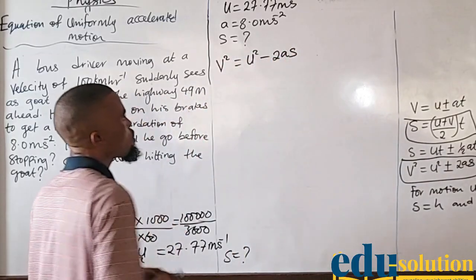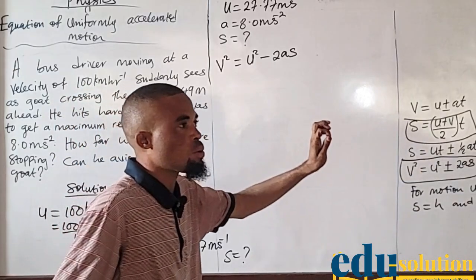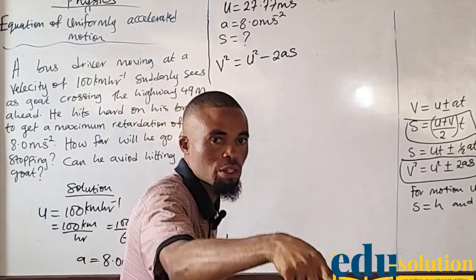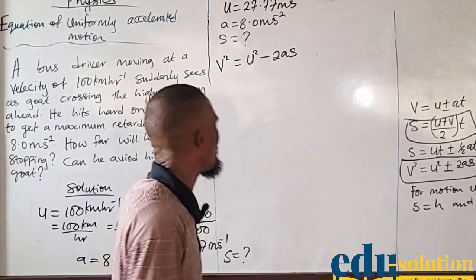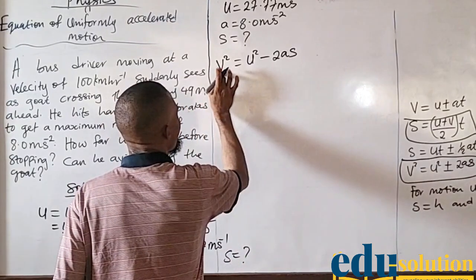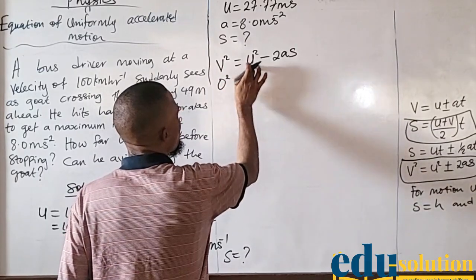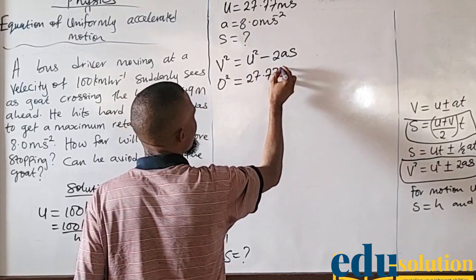Now I also told you that a body that was once moving and finally stopped means the final velocity is 0. I told you that. So that means this v here is 0 squared, and then equal to u, which is 27.77 here.